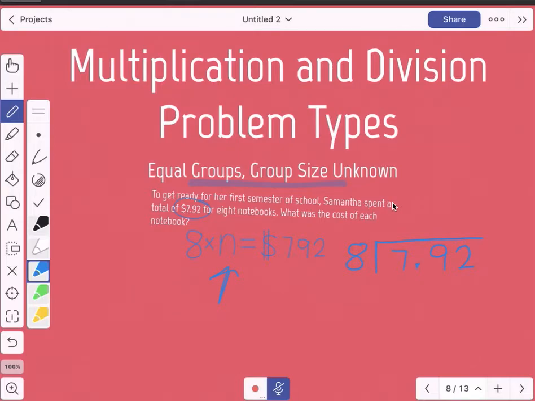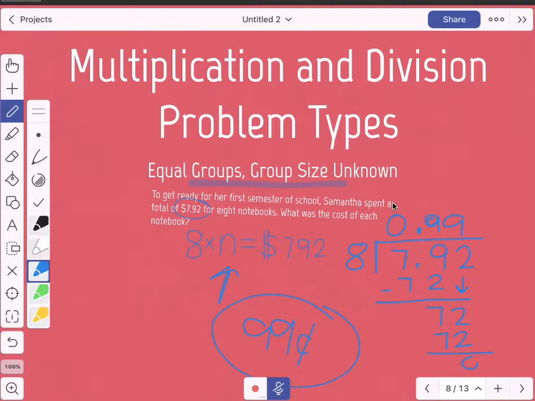Since there's no decimal in my divisor, I'm just going to slide my decimal straight up. 8 does not fit into 7, but it does fit into 79 9 times. That would be 72 with a remainder of 7, and I bring down the 2, and just happily it's the same thing. 8 goes into 72 9 times. So I can see, I'd have a remainder of 0, that each notebook would cost 99 cents.